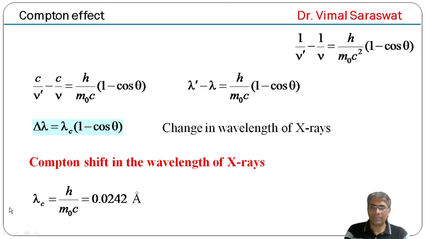Here lambda c equal to h upon m naught c, and if we substitute the value of h, that is the value of Planck's constant, rest mass of electron and velocity of light, then we get lambda c equal to 0.0242 angstrom, and this lambda c is actually Compton wavelength. So this is Compton wavelength.